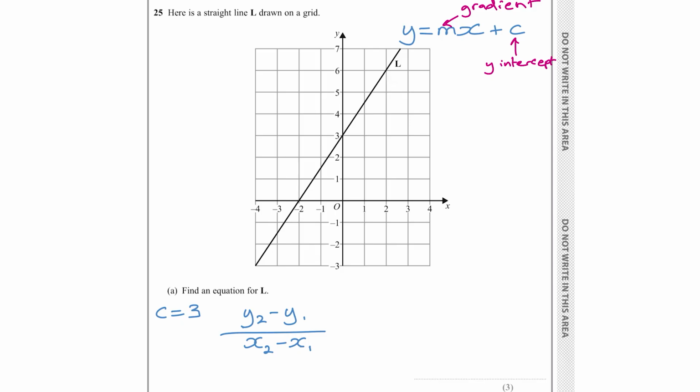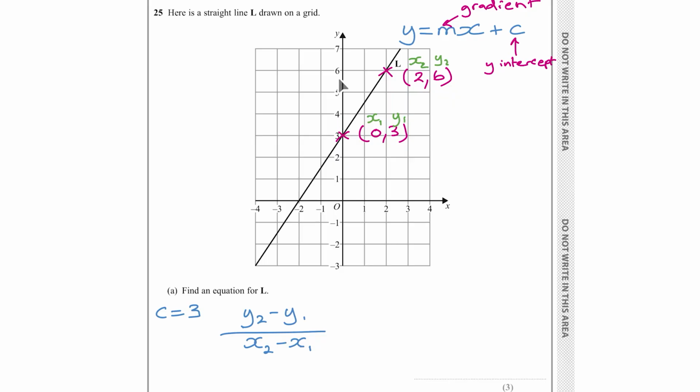So if we pick this one here, it has an x value of 2 and a y value of 6. So 2 goes first, and then 6 goes second. The x is x2, and this is y2. And then the first point, we pick this one here, and our x coordinate is 0, and our y coordinate is 3. This is your first point, so 0 is x1, and the y is y1.